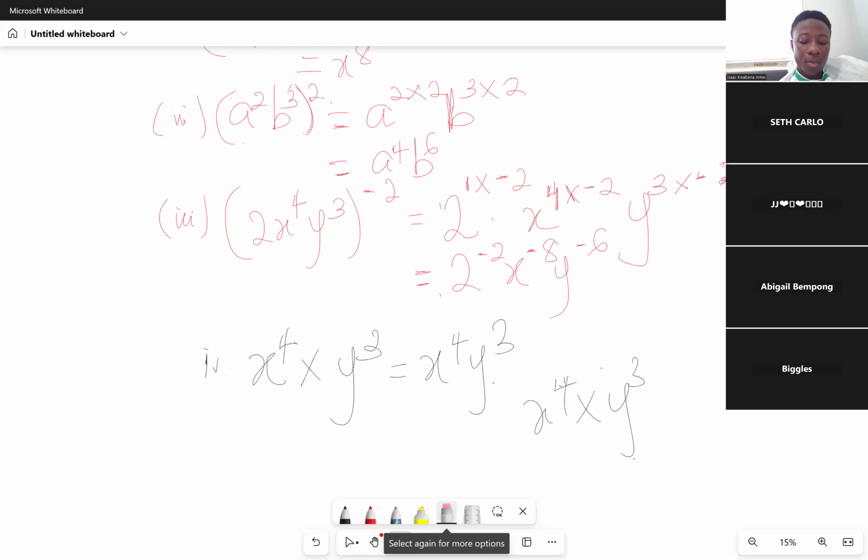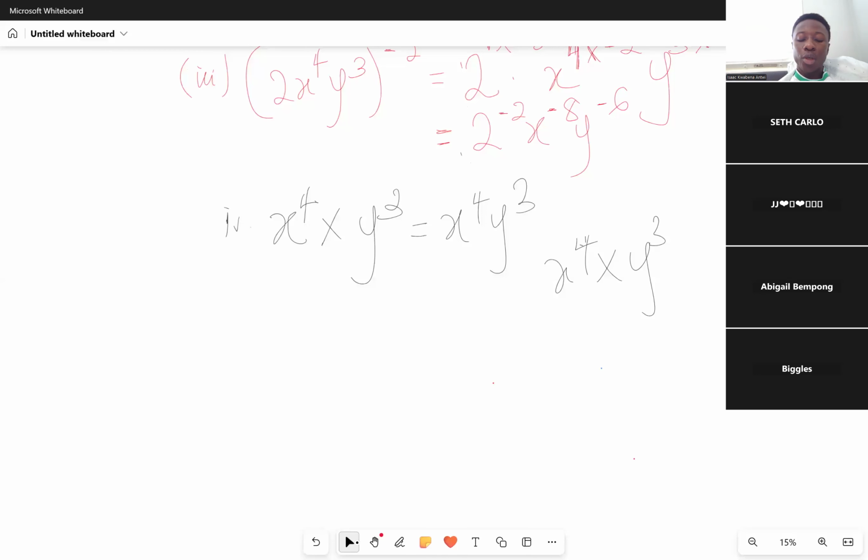Now I'm going to give you some tips. We're done with the laws. We don't just use laws to solve indices. We use them together with some properties or rules.